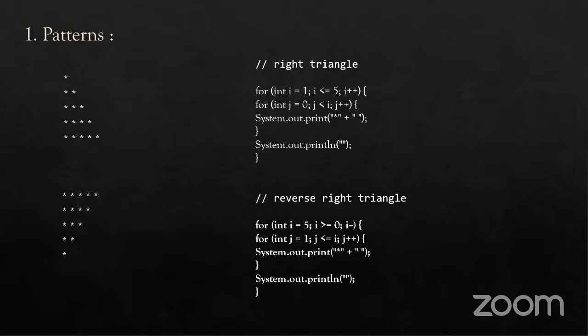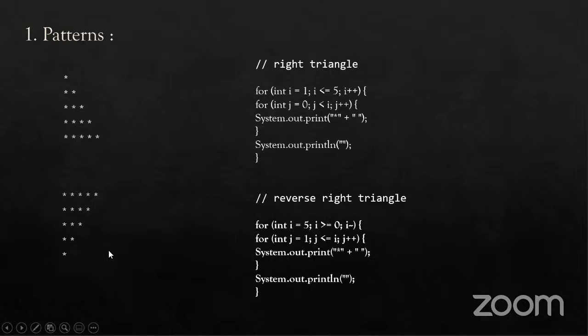We need 5 columns, so we set the value of columns first. The first row has 5 columns, so I equal to 5, and we check I greater than or equal to 0. Then we need to decrement, not increment, for the reverse right triangle.